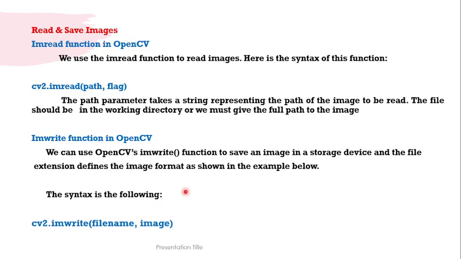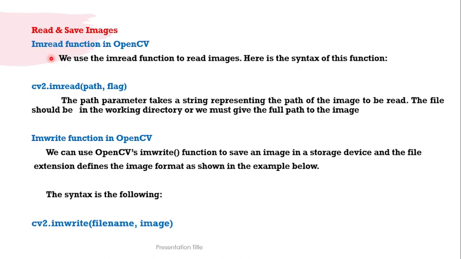Now you can see how to read and save images with the help of this concept. For this, we need a function called imread and another called imwrite. With their help you can read the image, view the image and save the image in your system. First, the imread function.